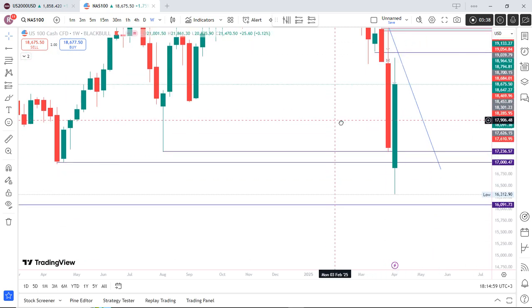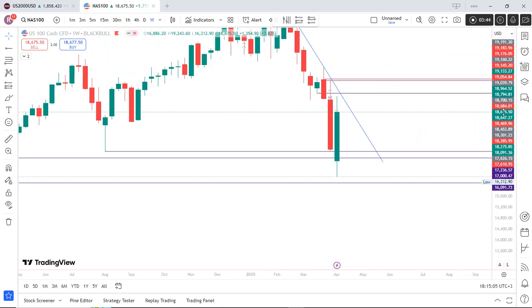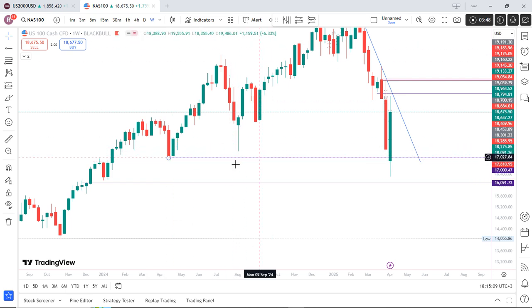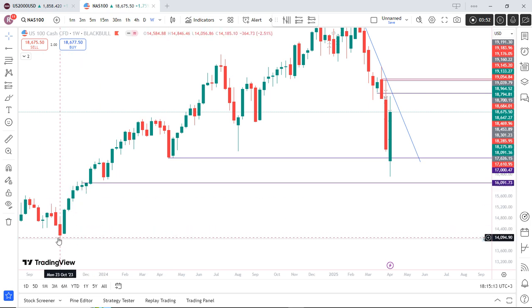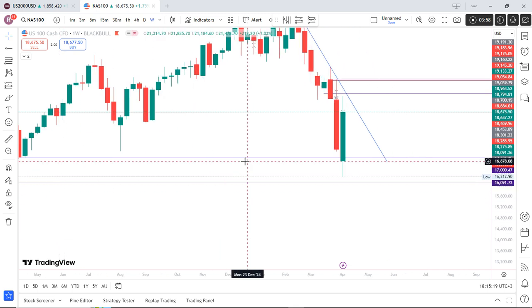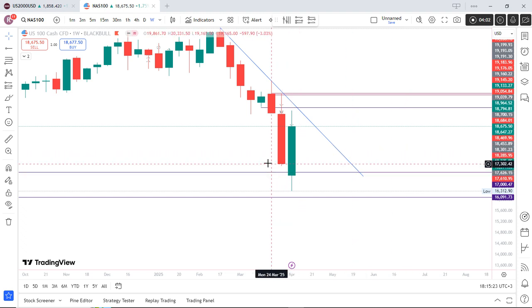So meaning that we had met one of our liquidity pools. So the next one was supposed to be this one. So let me now remove this one. The next was supposed to be this one, and this one, and this one also. Okay, and as well this bullish fair value gap right there. So price came back in, closed in there.